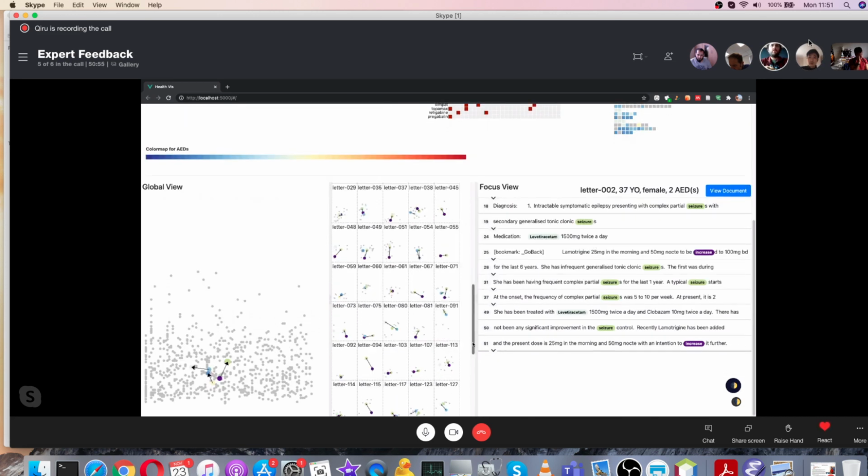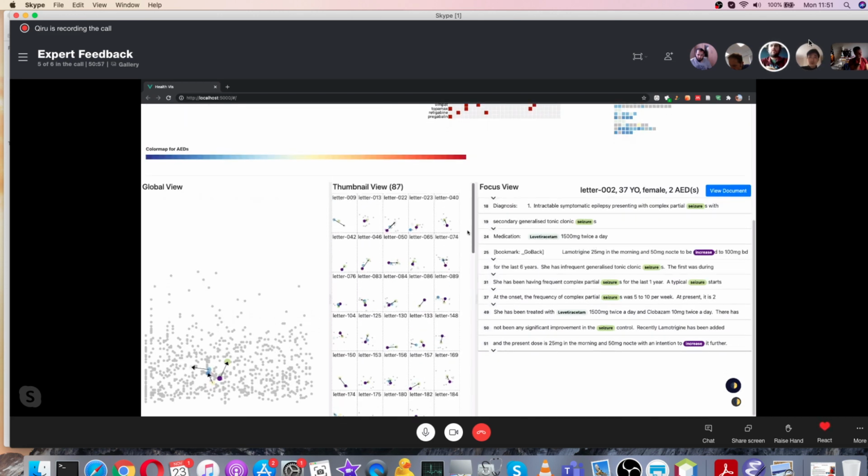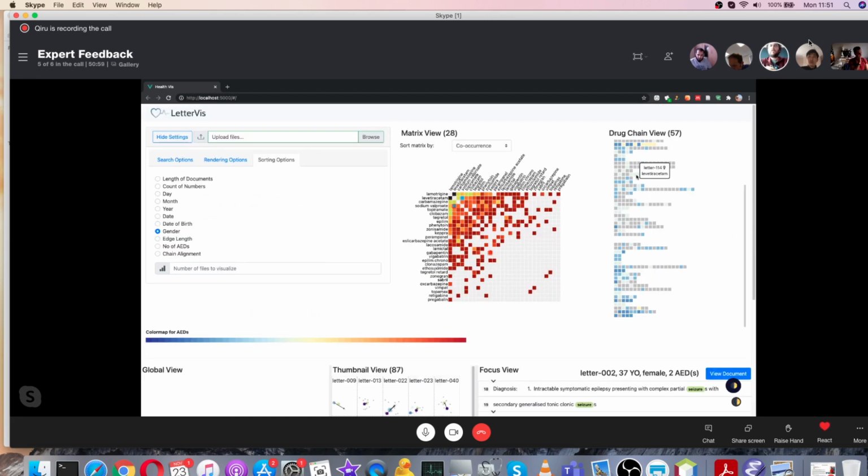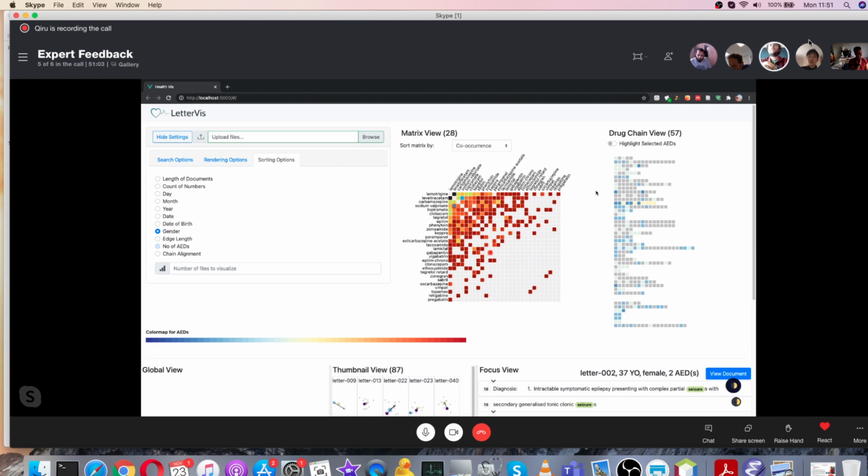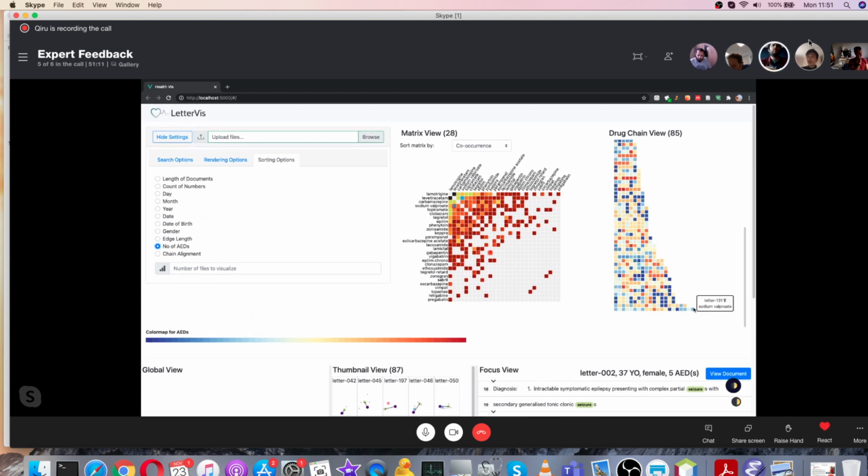Yeah, we can also sort the drug chain view just by number of drugs. That was one of the ideas, just to find outliers. Sometimes we're finding letters with quite a lot of drugs in them. Yeah, this one. And that might be worth having a look at.